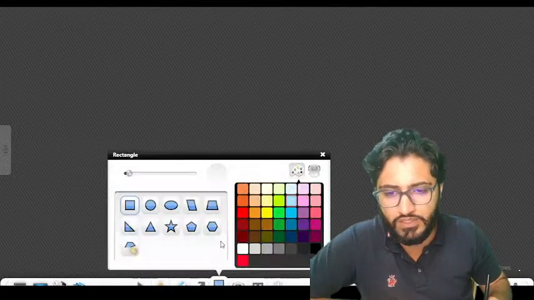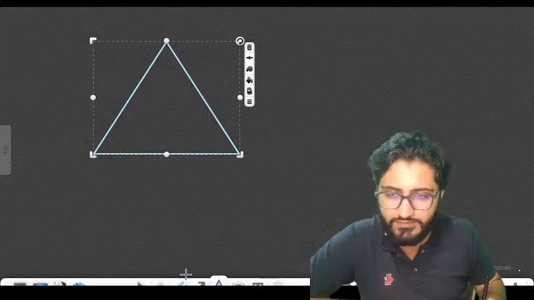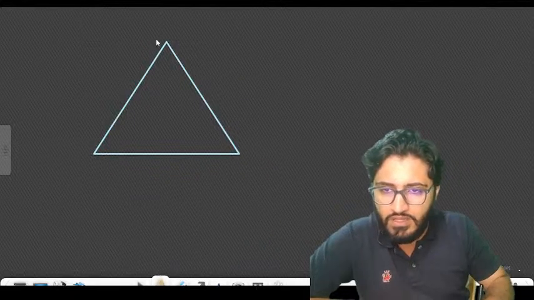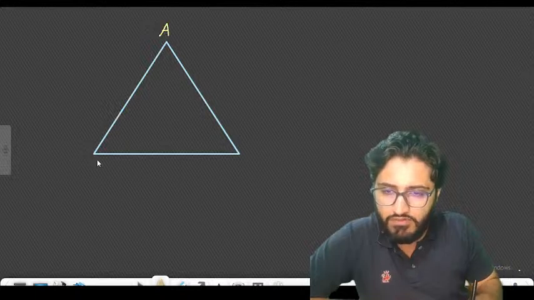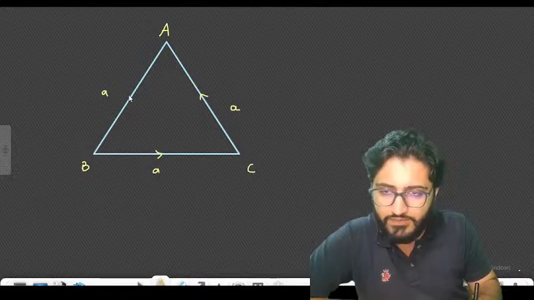Okay, one more numerical. Look now. We have an equilateral triangle like this, with vertices A, B, C. We have three particles going along this way.